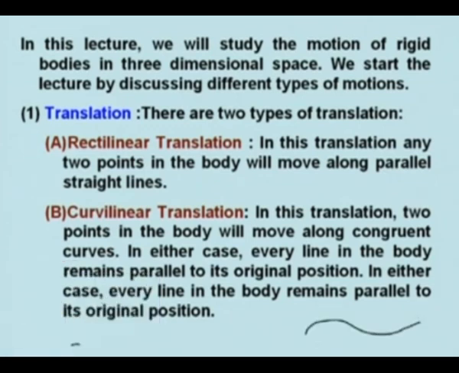Suppose this is a point, it is moving, and similarly a parallel curve is there on which the other point is also moving. Now, in either case every line in the body remains parallel to its original position. That means in both rectilinear and curvilinear translation, every line in the body remains parallel to its original position.